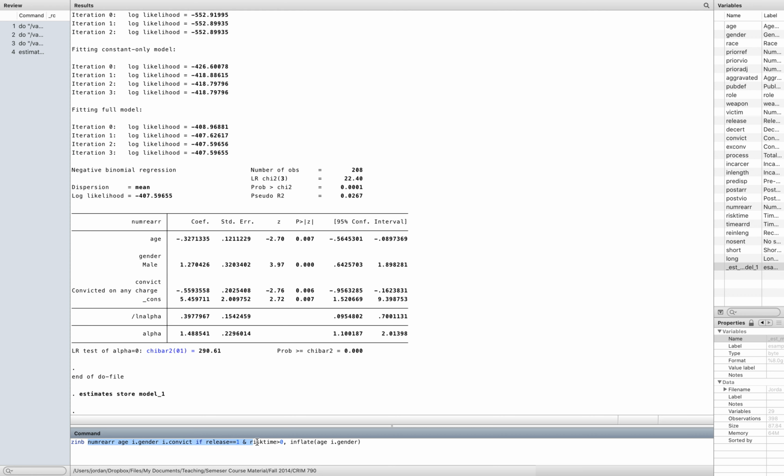All of this syntax stays the same, but then we have this extra part here, inflate. What is inflate? This is what a zero-inflated negative binomial regression does.